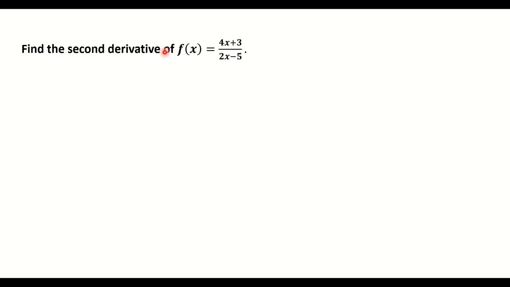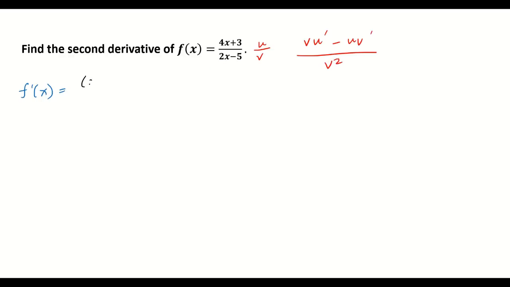For this example, we need to get the second derivative. For us to get the first derivative, let us use quotient rule. So let's say this is our u and this is our v. We will follow the formula v times u prime minus u times v prime over v squared.